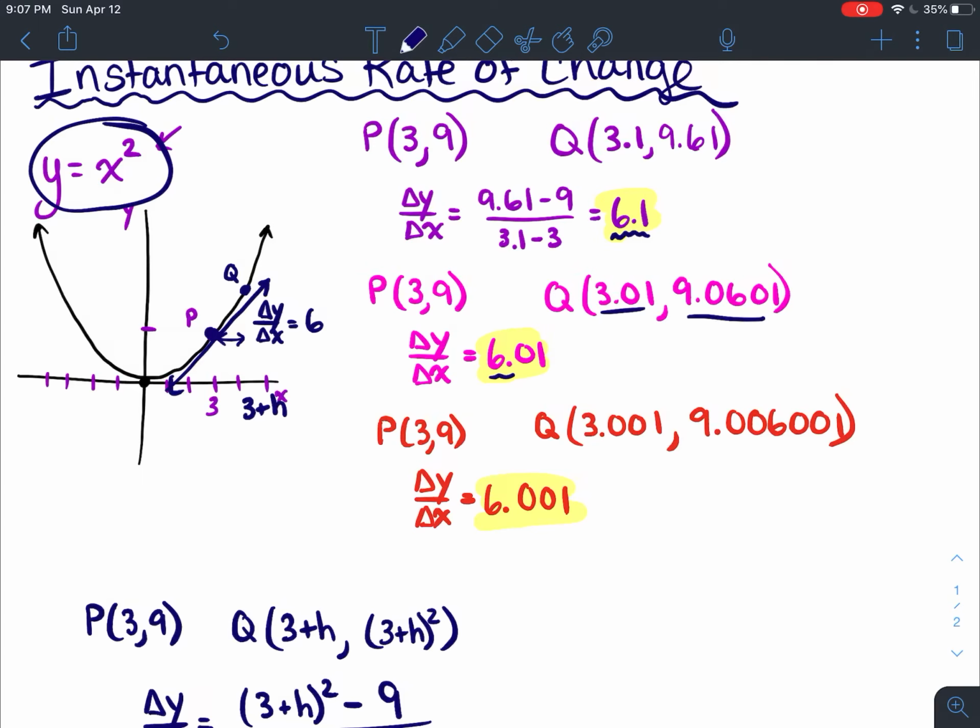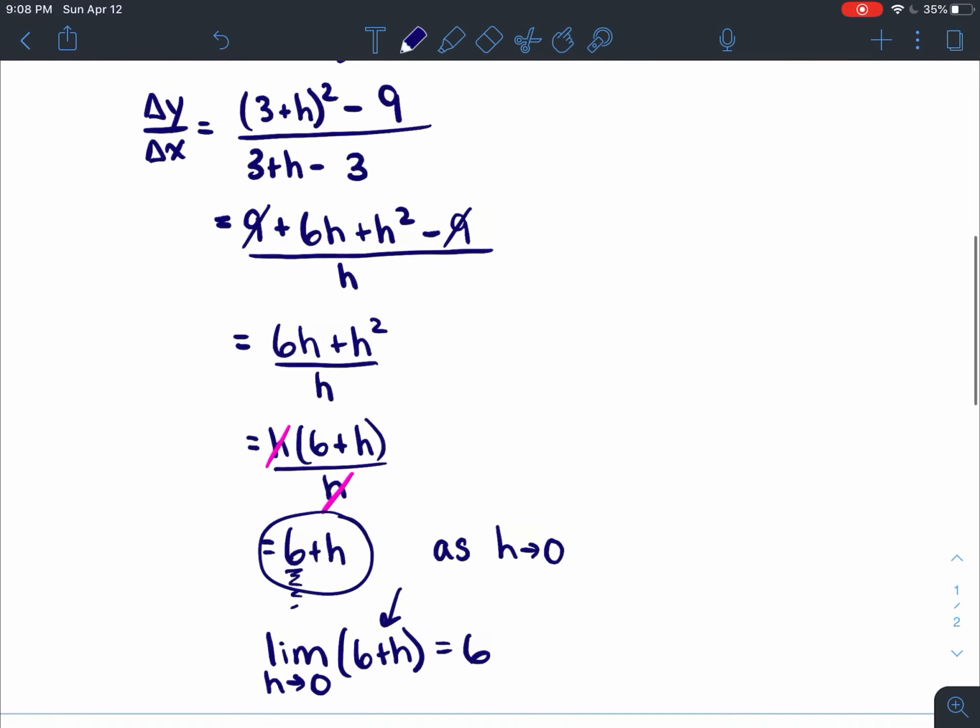We saw it was 6.1, 6.01, 6.001. So it's approaching 6. As that Q value gets closer and closer to P, that's the value it's approaching. So that's how we find the slope at one point. We pick values that get closer and closer to the point that we want.